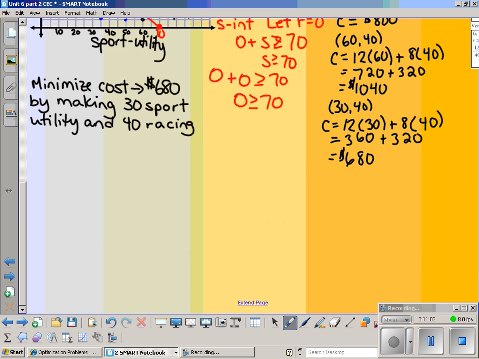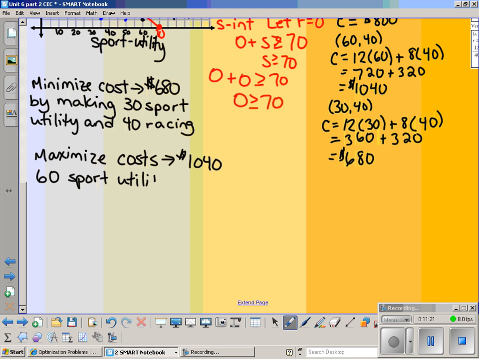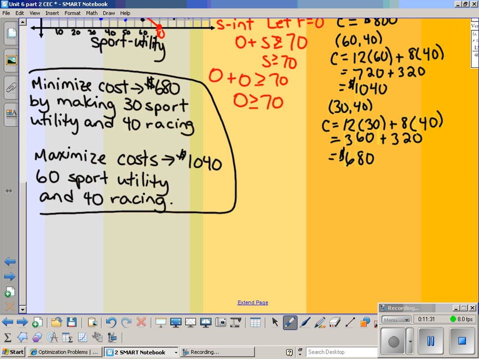If you wanted to maximize costs, you would spend $1,040, and you would do this by making 60 sport utility and 40 racing cars. So we have now found the combinations to maximize and minimize the costs.